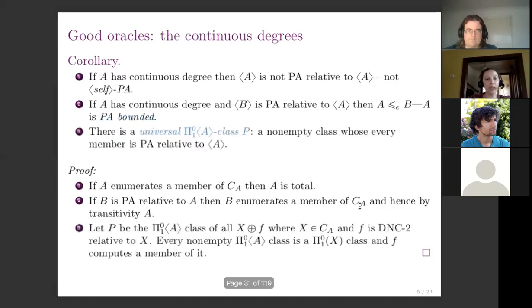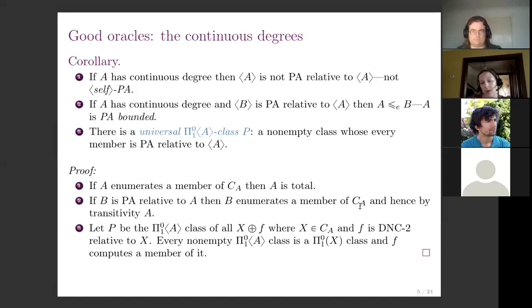And then the third one is that there's a universal Π01 in A class. So there's a non-empty Π01 relative to A class, such that every member of that class is PA relative to A. This is true of Turing oracles for sure.